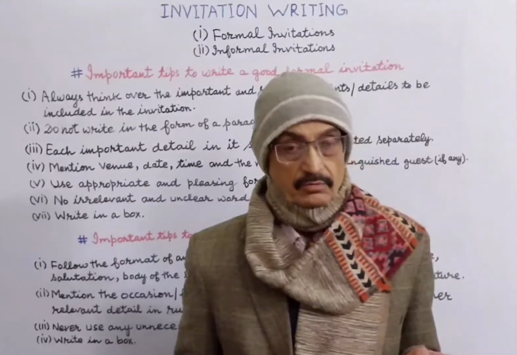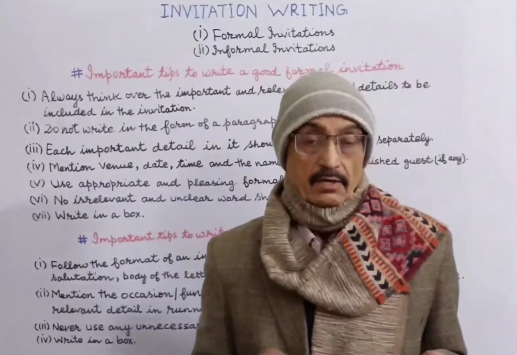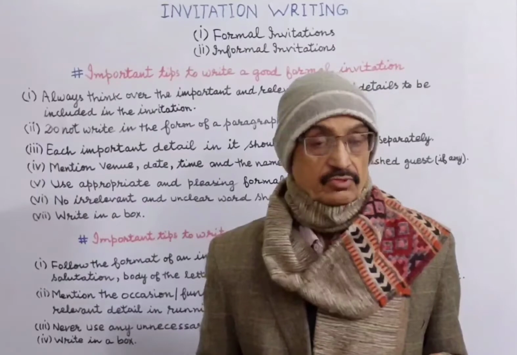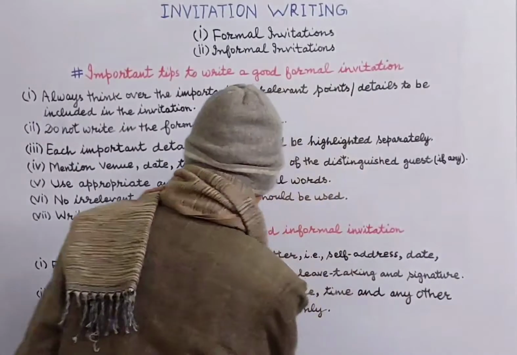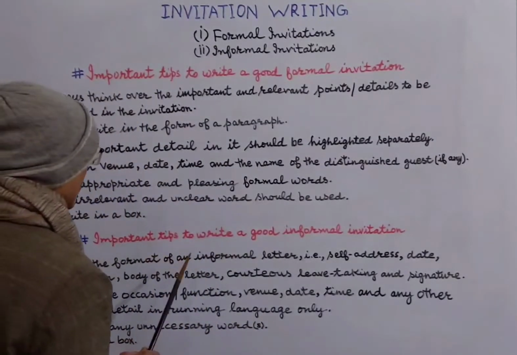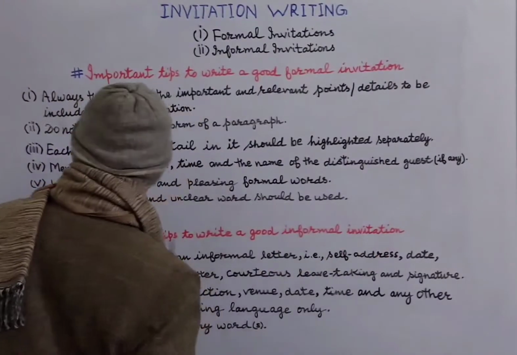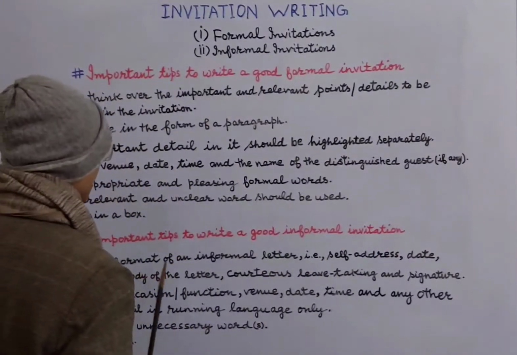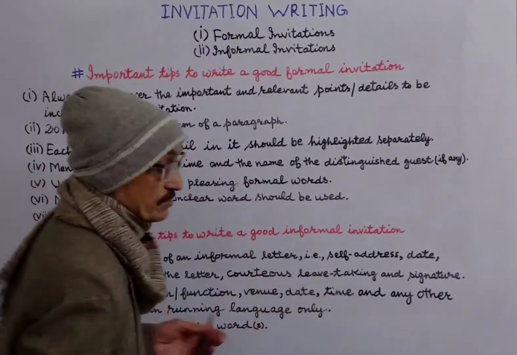Now I will give you important tips as to how an informal invitation is written. I will read out those points. Follow the format of an informal letter, that is self-address, date, salutation, body of the letter, courteous leave-taking and signature.